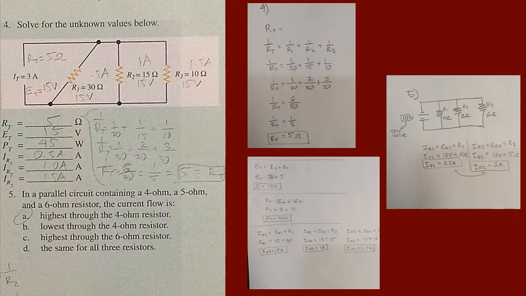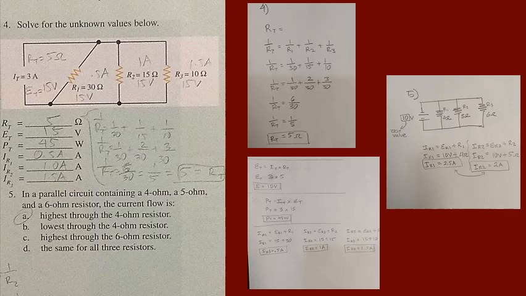We use the Ohm's law equation to solve for current, which is current equals voltage divided by resistance. So current at R1 equals voltage drop at R1 divided by the resistance at R1, which is 15 volts divided by 30 ohms, 0.5 amps.